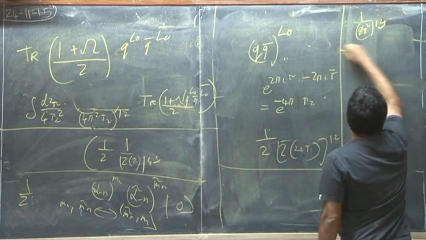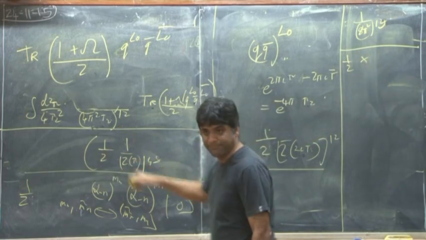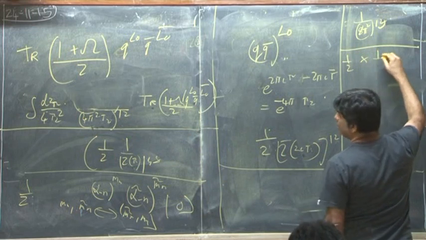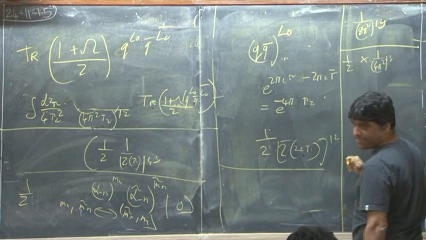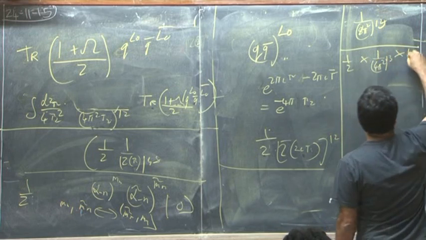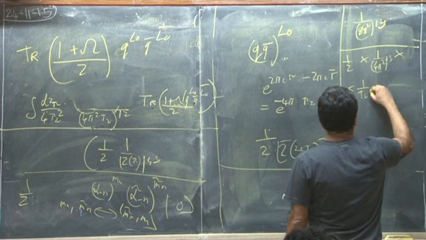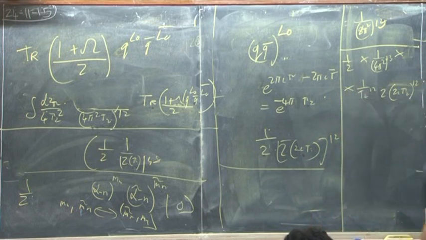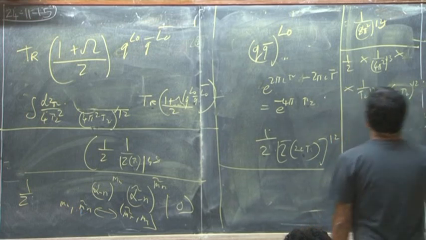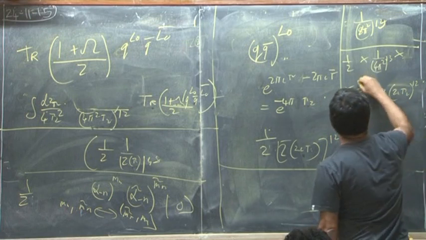What we have here is a half, because of the half into 1 plus omega, times 1 over 4 pi squared to the power 13, into 1 over tau 2 to the power 12 eta of 2i tau 2 to the power 12. Now, suppose I put a factor of 2 here, and then a 2 to the power 12.